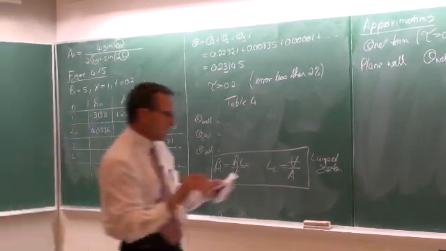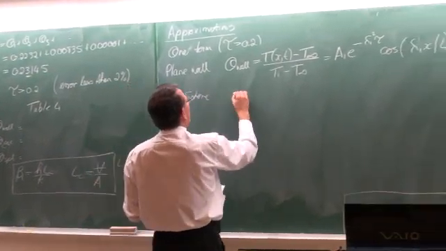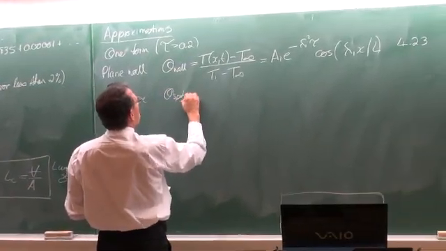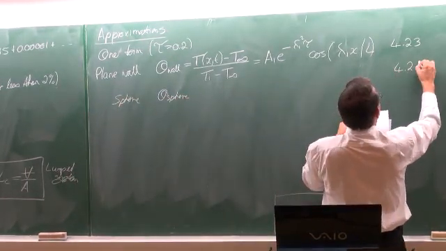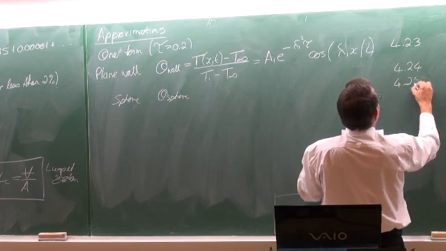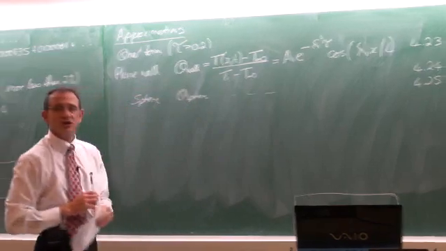There's a similar equation for the sphere, which will then be equations 4.24 and 4.25 in your textbook. I'm not going to write them down now. It's too long. It's going to take too much time.